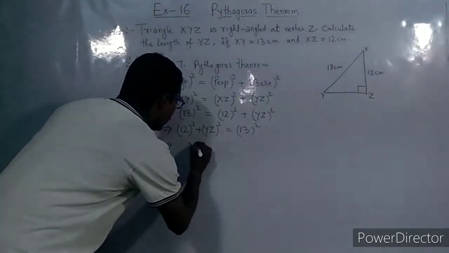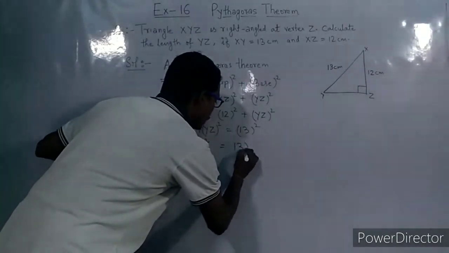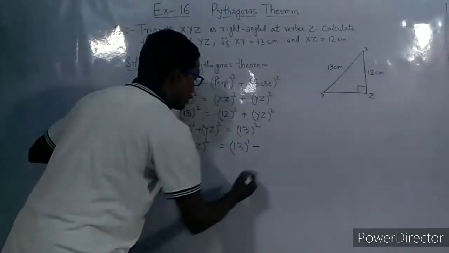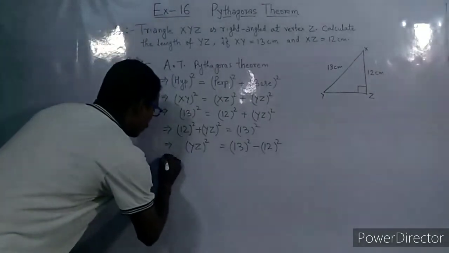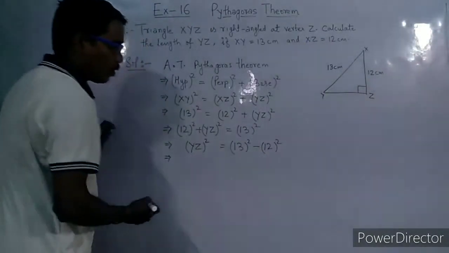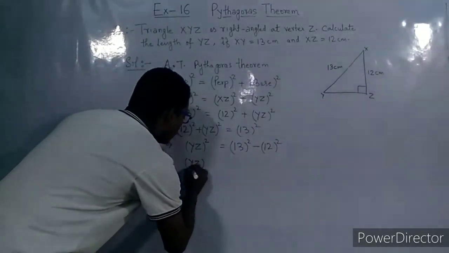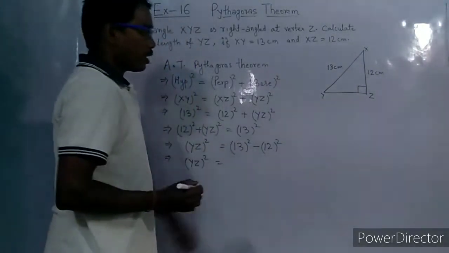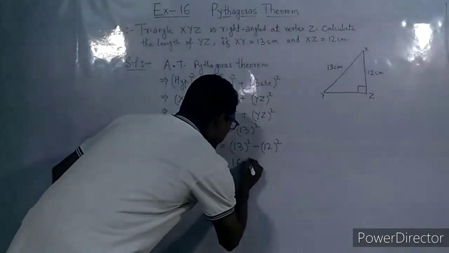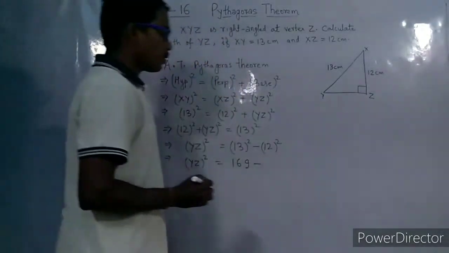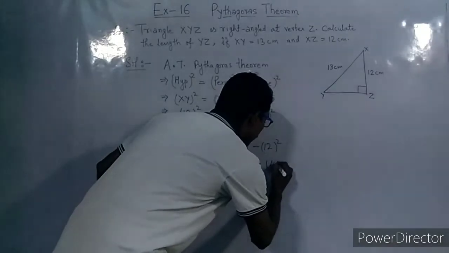So YZ square equal to 13 square minus 12 square. 13 square is 169 and 12 square is 144.